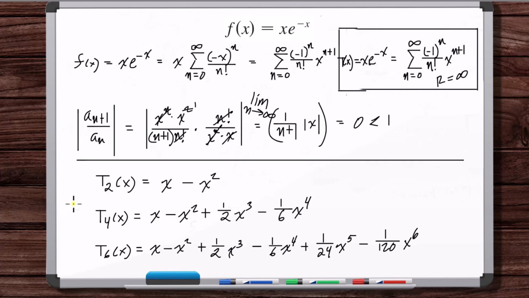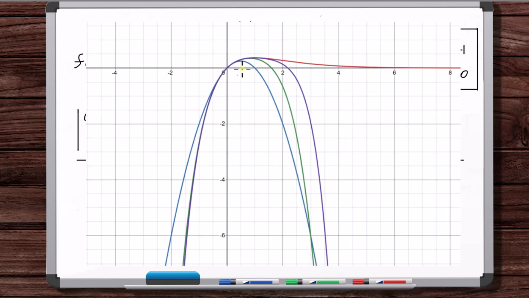So what we want to do is graph each of these along with the actual Taylor series. This is the Taylor series in red, and then blue is T sub 2, green T sub 4, purple T sub 6.